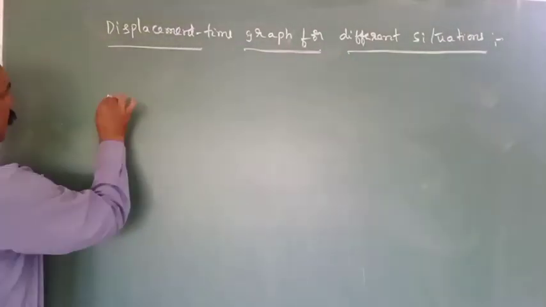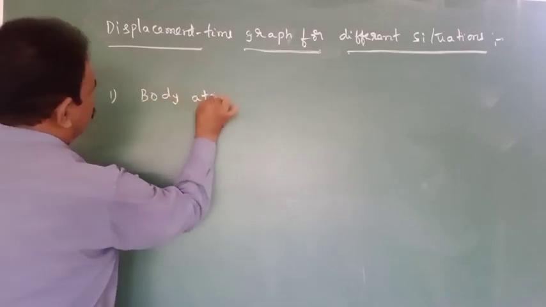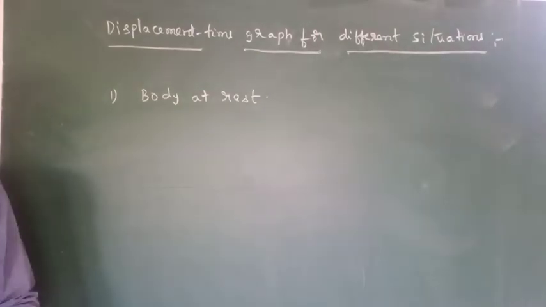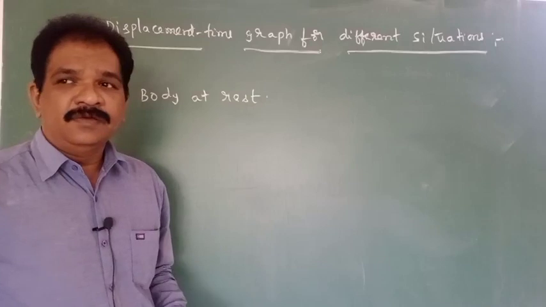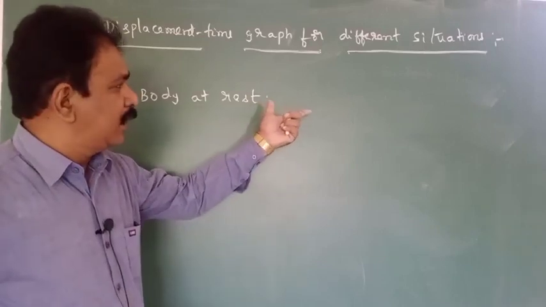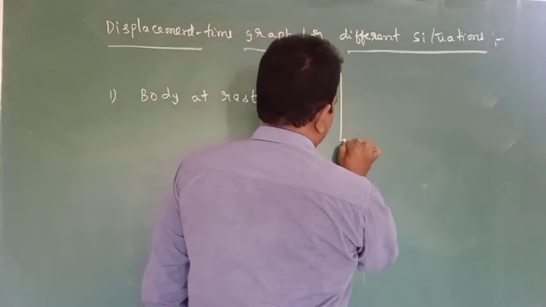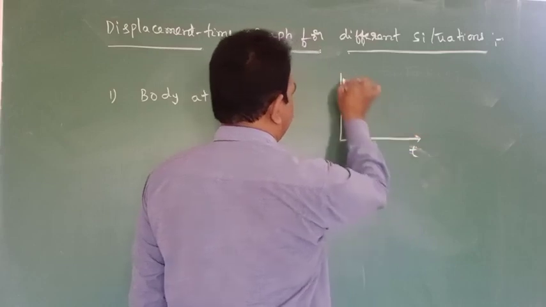First one, body is at rest. We are considering a body, that body is at rest. Then for that body, if we draw the displacement time graph, its position is not changing with time. Clear?